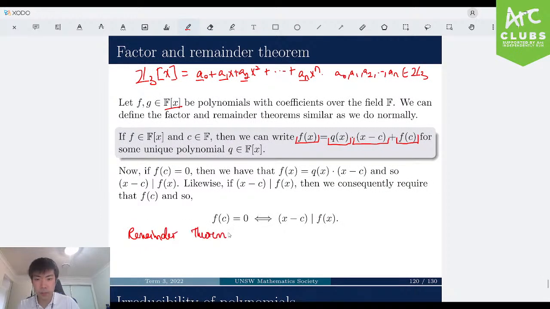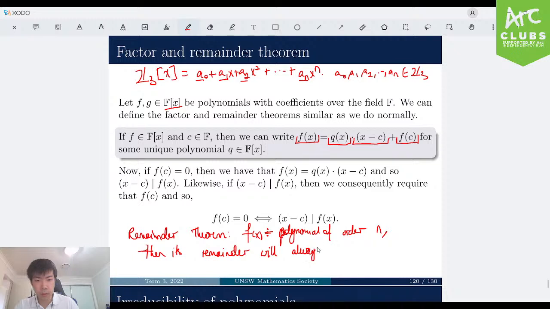The remainder theorem is that whenever you take some f of x divided by some other polynomial, let's just say a polynomial of order n, then its remainder will always be of a lower order, i.e. n minus 1 or lower.